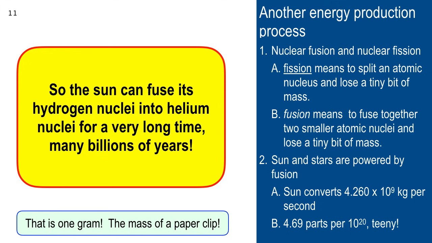Let me close about the sun by saying this. On Earth, we have nuclear reactions that work with fission of uranium and plutonium. They work at a much lower temperature, and they're still pretty tough to work.